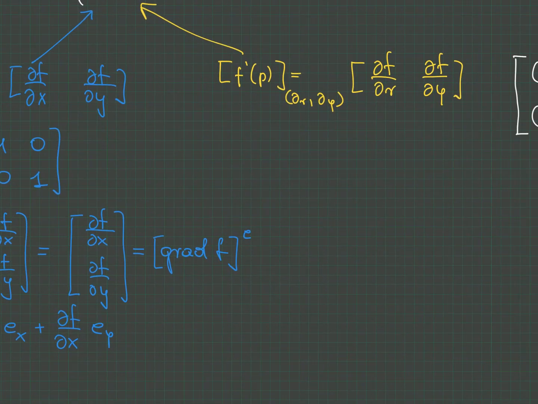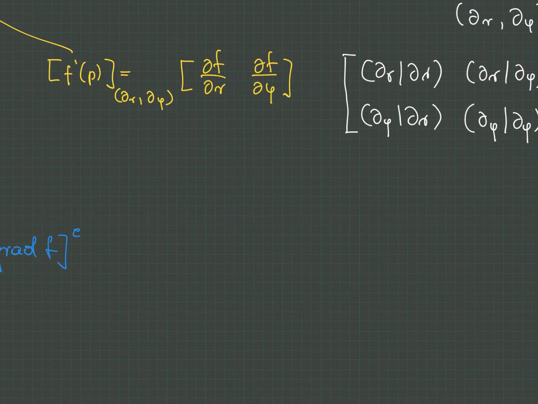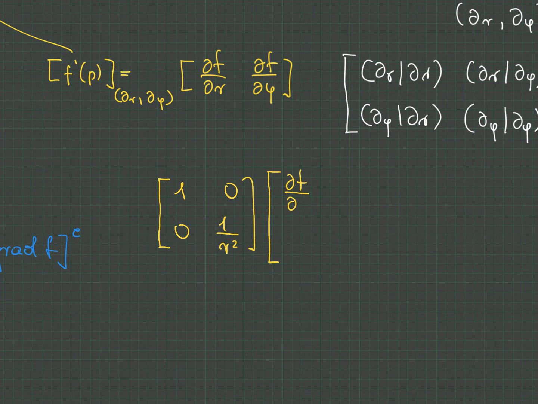So it is df over dx e_x plus df over dy e_y. In yellow, I do the same for polar coordinates. I act with the inverse matrix, which is in this case 1 in one corner and 1 over r squared in the second corner. I act on differentials. Sorry, one should keep the order correct.